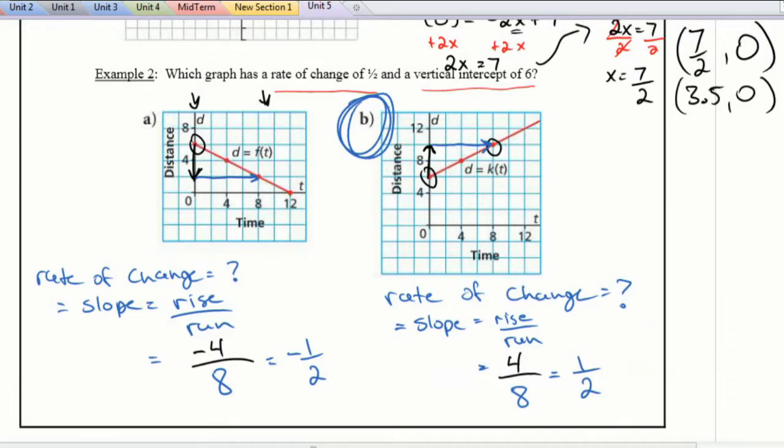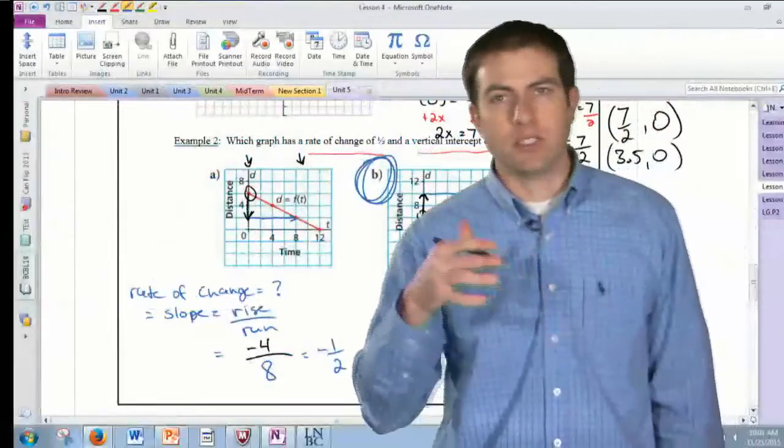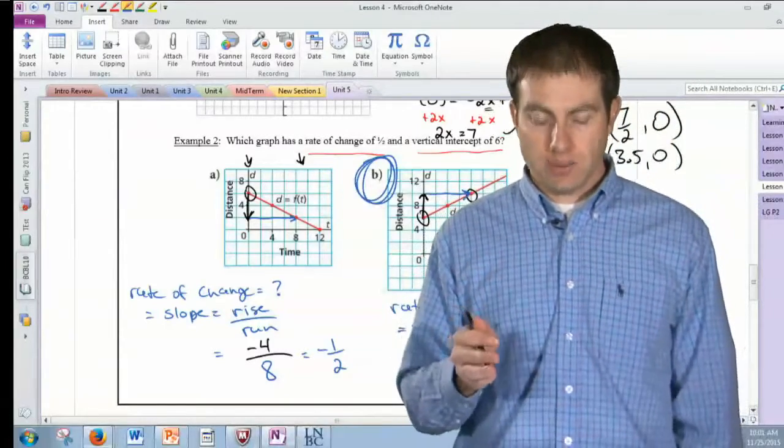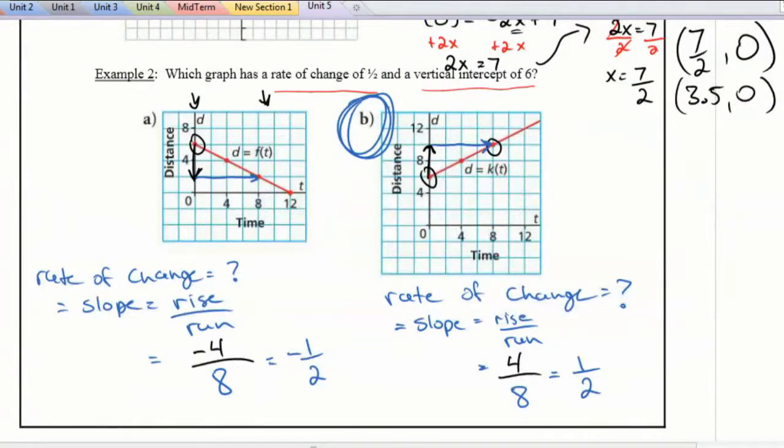One thing to kind of recognize just immediately by looking at the graphs, the first graph was going down and to the right. That means this graph has what we call a negative slope. This one's going up and to the right, so this one has a positive slope.